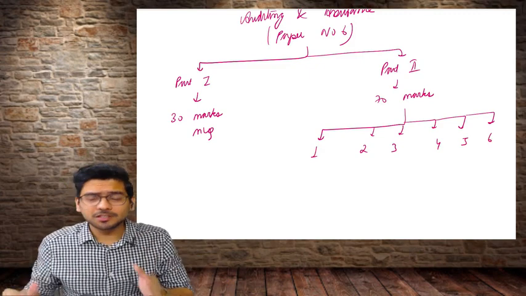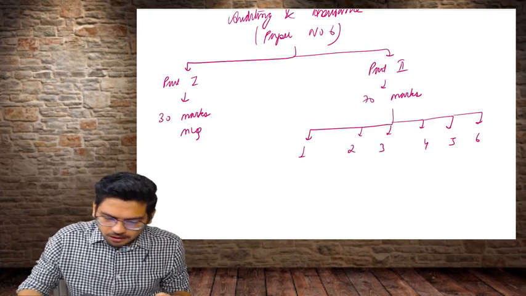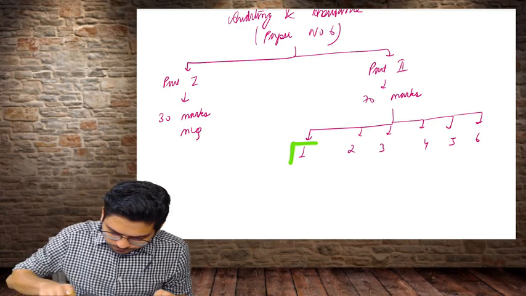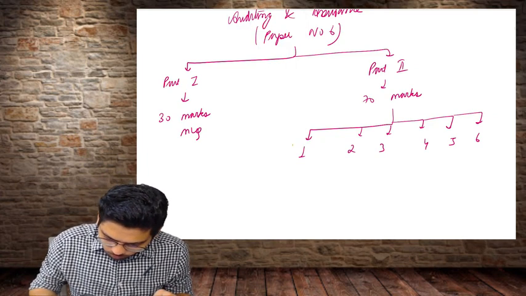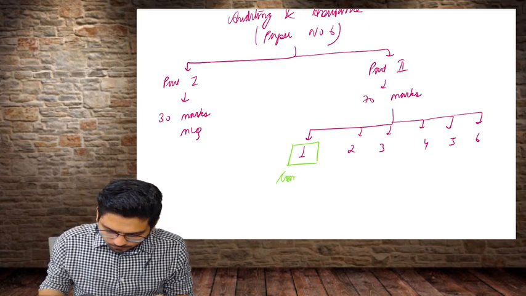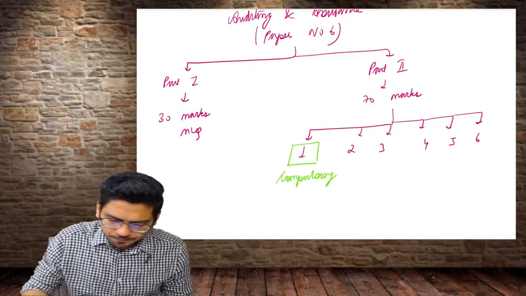There are 6 questions asked from the descriptive portion of 70 marks. And out of these 6, question number 1 is compulsory.